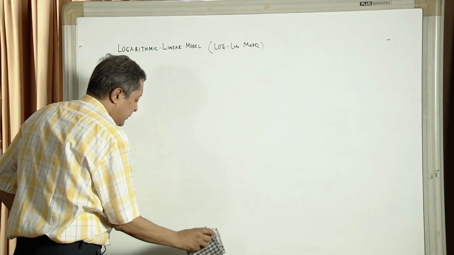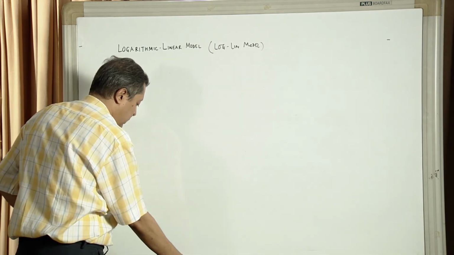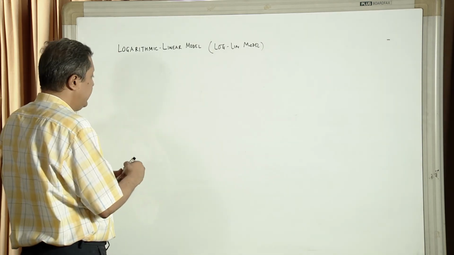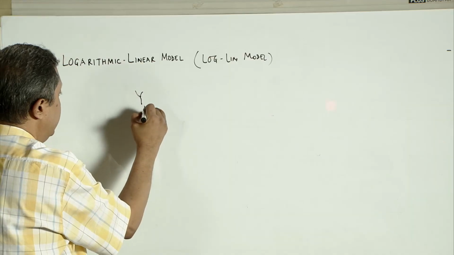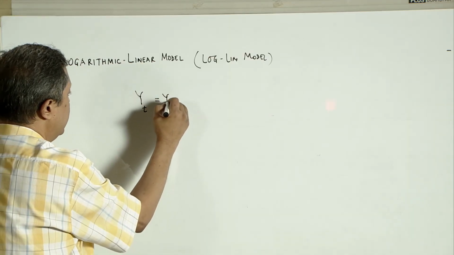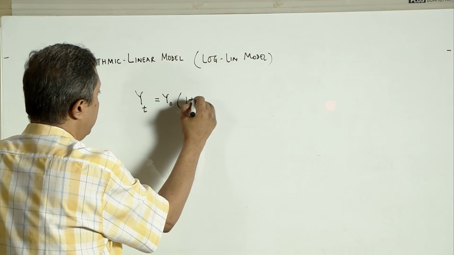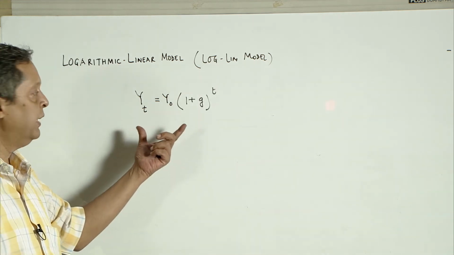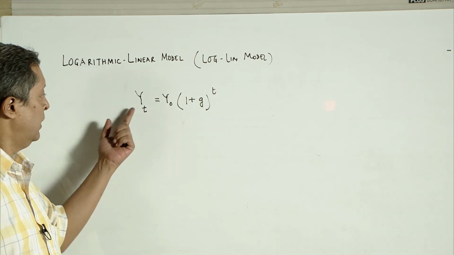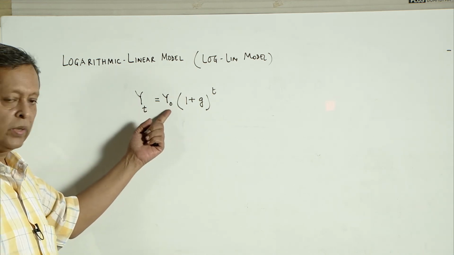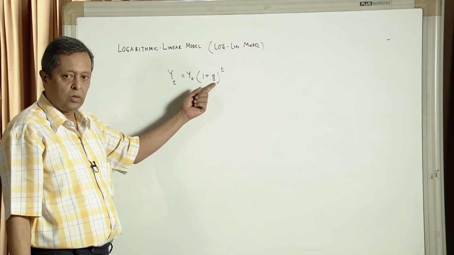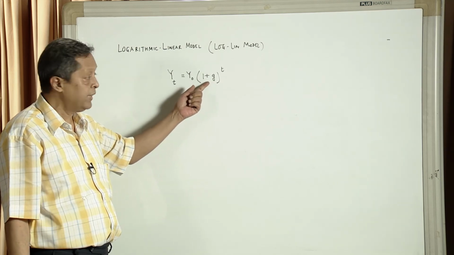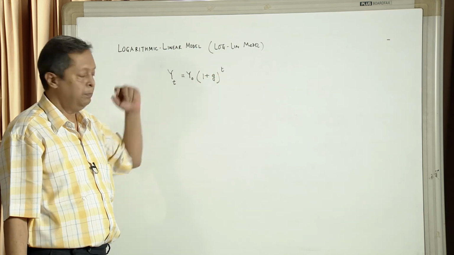So, let us consider the model where we write yt is equal to y0 into 1 plus g to the power t. That is nothing but our familiar compound interest formula. Yt is original y, into 1 plus growth rate. This is the discrete growth rate over how many time periods? T time periods.